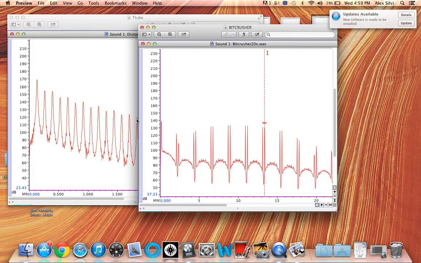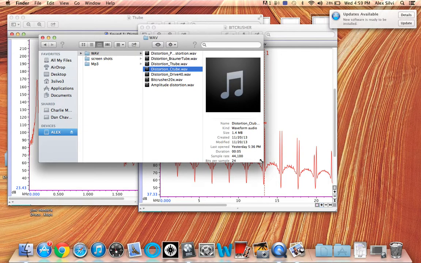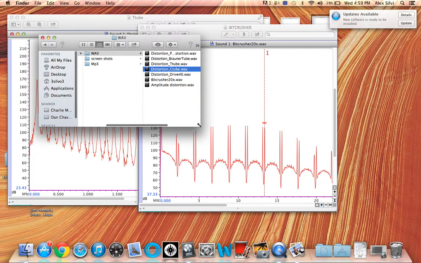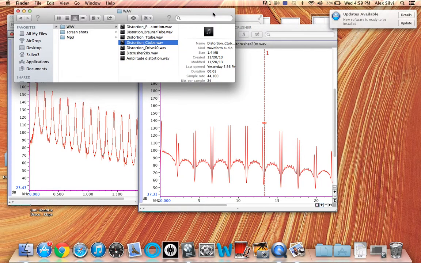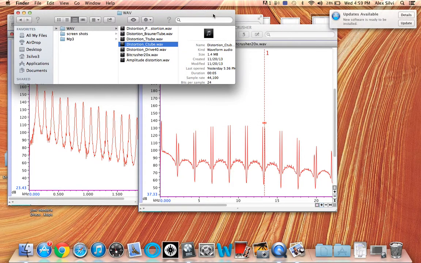The harmonics on the Bit Crusher started with the initial fundamental of 130, and then the second big spike was the 16th harmonic, and then the one next to it was the 18th, and so on. It was a big change from there: 15 and then 2, 15 and 2, 15 and 2, and that was the pattern within the Bit Crusher. So every pair is going up by 15 harmonics.